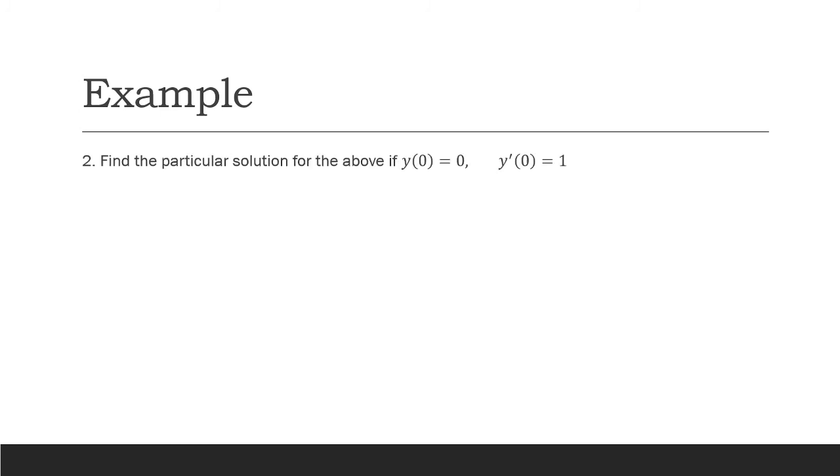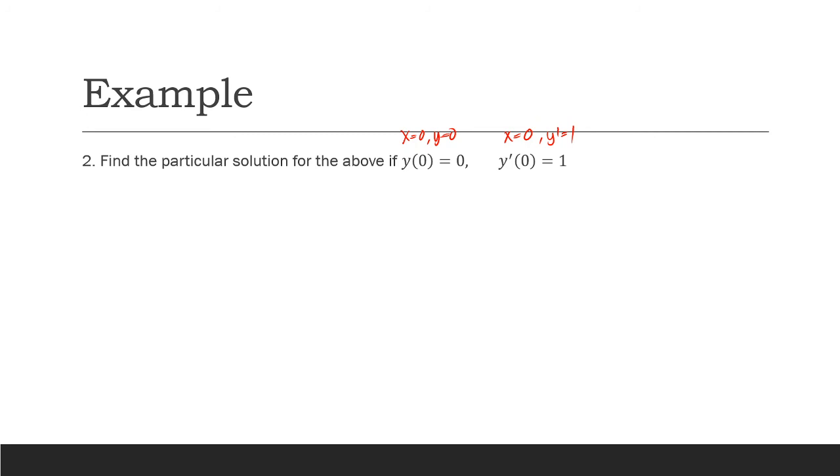Next, using the same problem daw, hanapin natin yung particular solution if may initial conditions tayo that y of 0 is equal to 0 and y prime of 0 is equal to 1. So, ano lang ba yung sabihin nito? Ibig sabihin lang naman ito, class, at x is equal to 0, y is equal to 0. And at x is equal to 0, y prime is equal to 1.